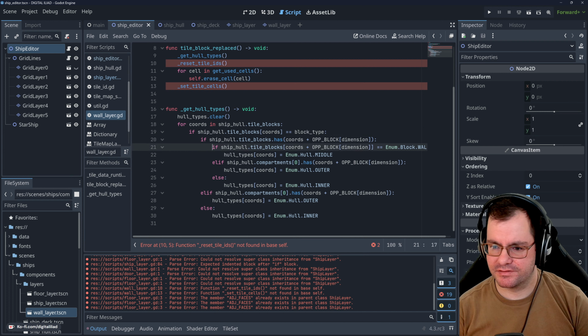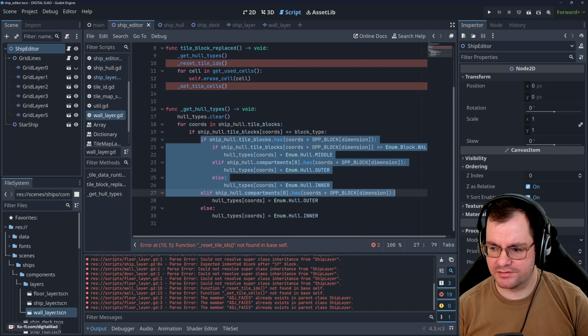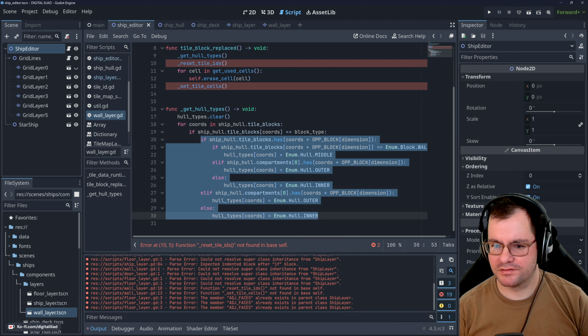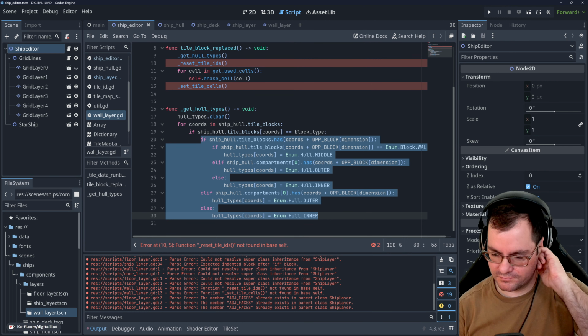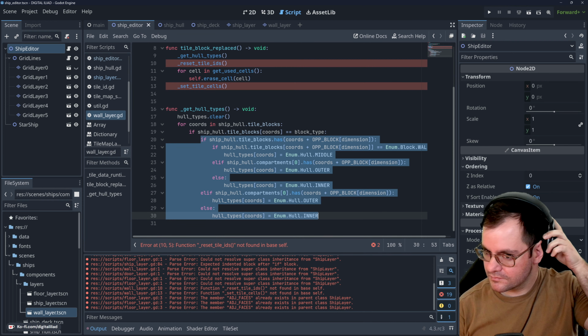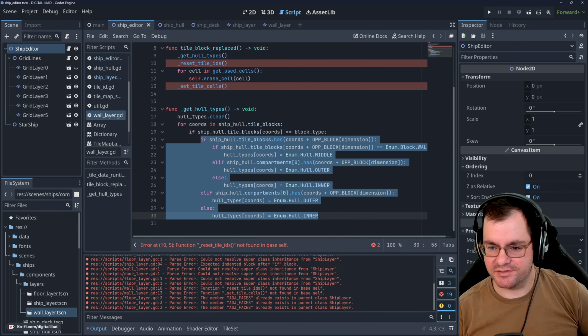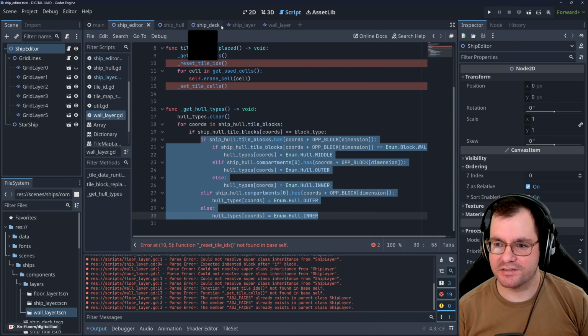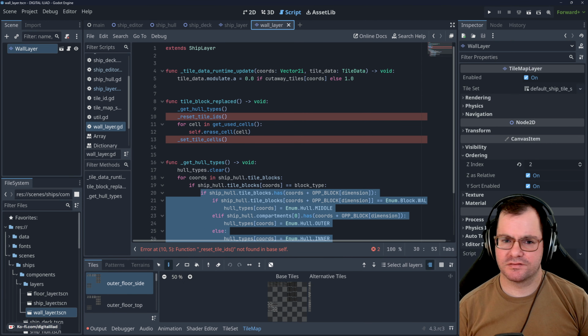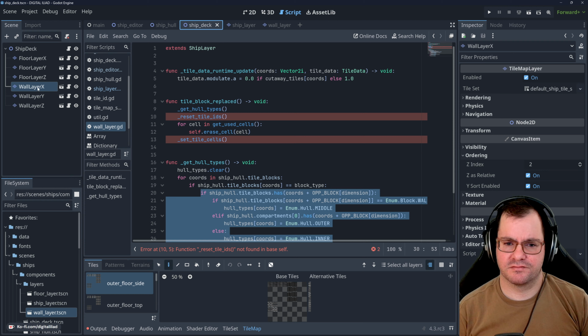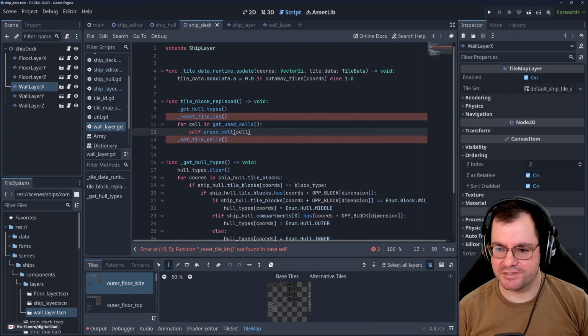We need this chunk right here. I don't think it's feasible for us to go and ask the wall. Maybe we can, though. We'll do that. That'll maybe be an optimization we do later.